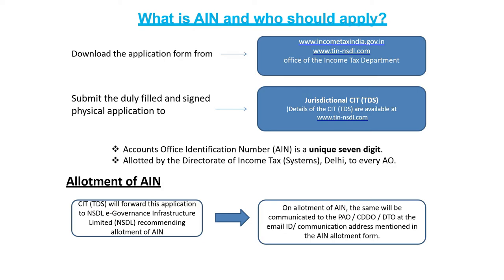He has to download the application form from tin-nsdl.com and apply to CAT TDS. CAT TDS will forward this application to NSDL e-Governance Infrastructure Limited, that is NSDL. On allotment of AIN, the same will be communicated to the PAO or DTO at the respective email ID.